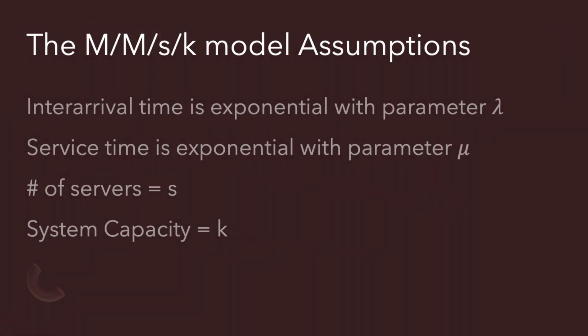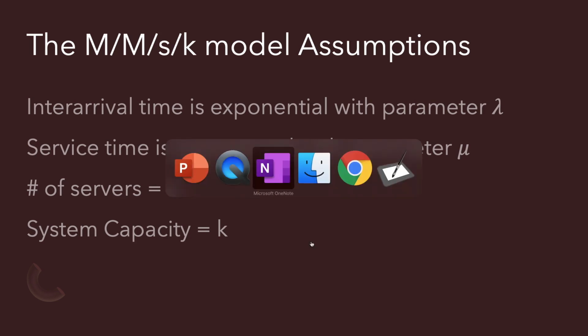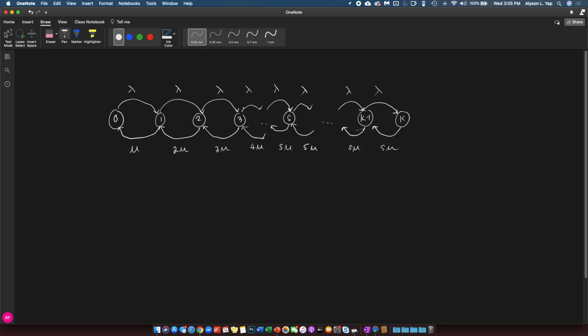Now, for the MMSK model, it's a variation of our multi-server queuing system, wherein your multiple server queuing system now has a system limit of k. What we need to do again is to draw our rate diagram. So the rate diagram for an MMSK model looks like this.